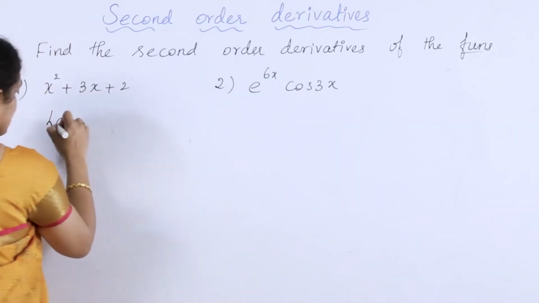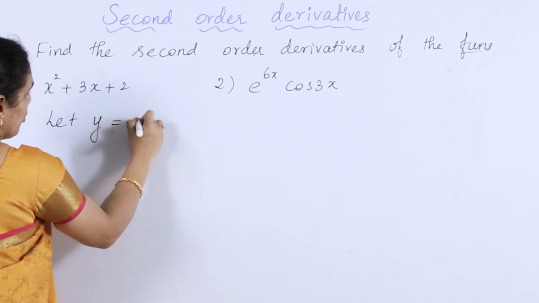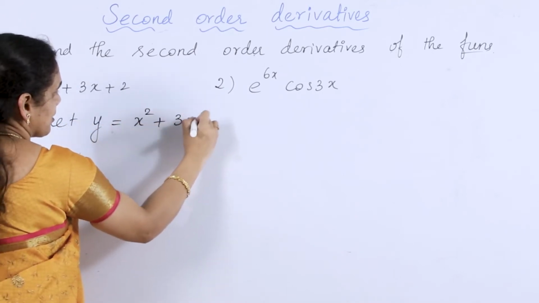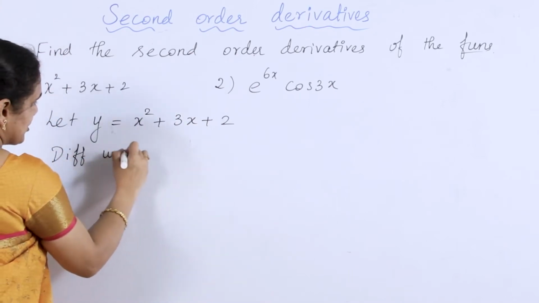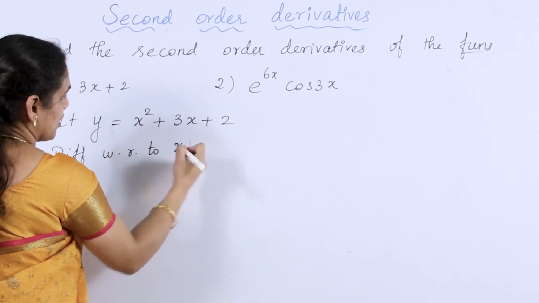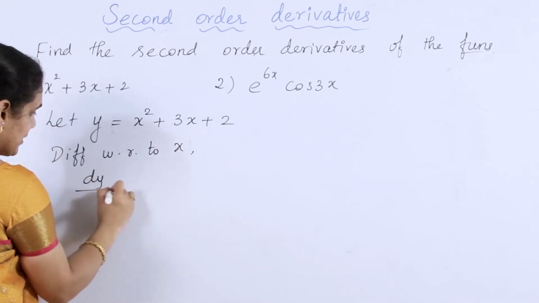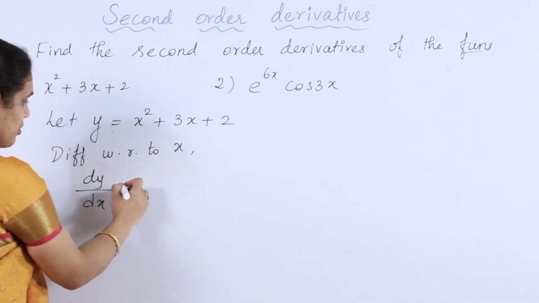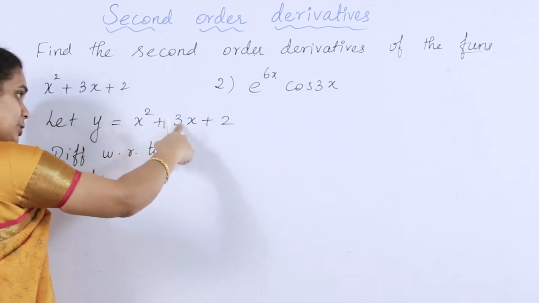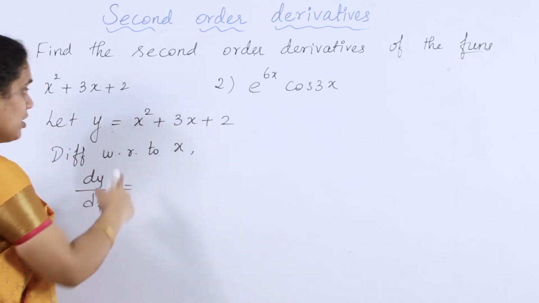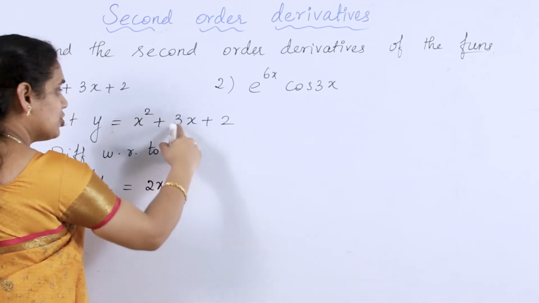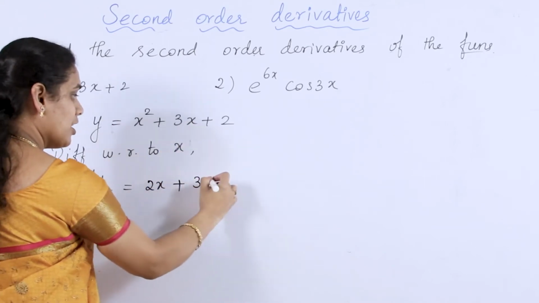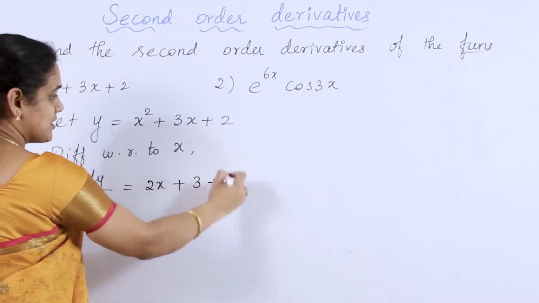Alright, so let us take this one as y equal to x square plus 3x plus 2. It's a polynomial, so we differentiate with respect to x. We get dy by dx, or you can put y dash, no problem. We differentiate term wise because all are in addition. x square differentiation is 2x, plus 3x derivative is 3, plus this 2 is a constant, it becomes 0.